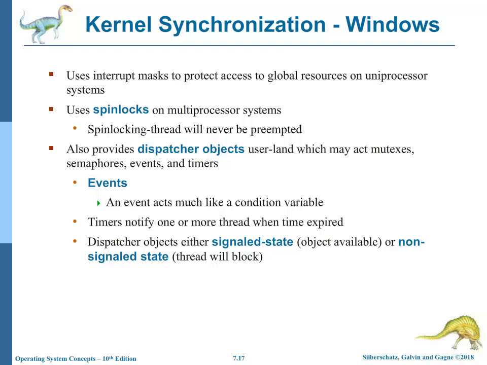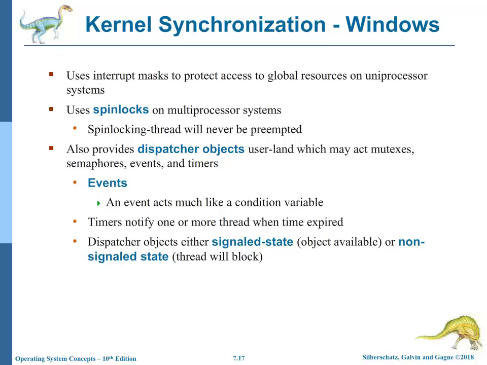Windows provides dispatcher objects for thread synchronization according to several different mechanisms, including mutexes, semaphores, events, and timers. The system protects shared data by requiring a thread to gain ownership of a mutex for accessing the data, and when it is finished, release the ownership.